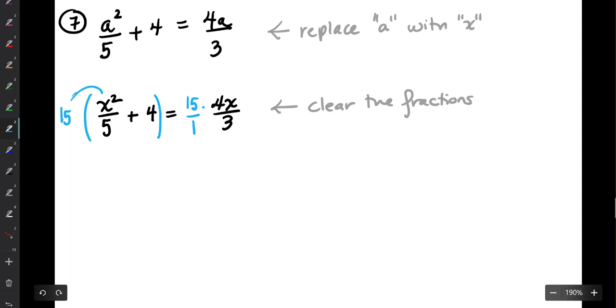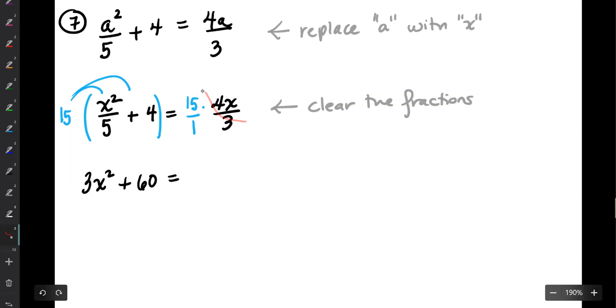Using my distributive property here, because I have 2 terms, 15x squared divided by 5 is 15 divided by 5, which is 3, times x squared, plus 15 times 4, which is 60, is equal to 15 times 4x divided by 3.